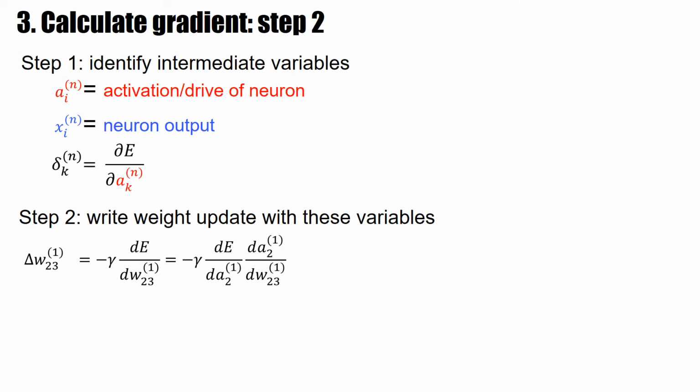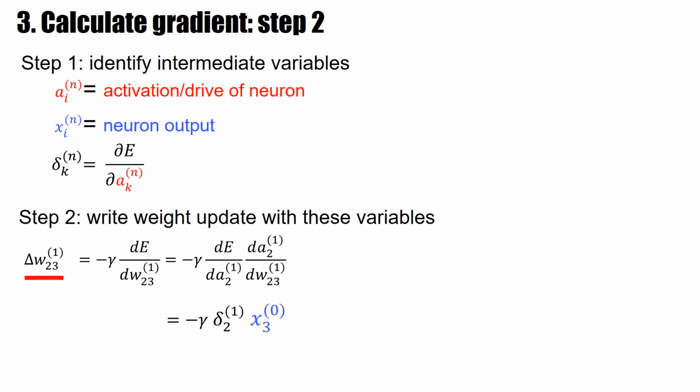So we are interested in the change of a weight in layer 1, the weight from the third input neuron to the second neuron in layer 1, and this is just a gradient. And now we use the chain rule and say, okay, this weight is coupled with the activation variables of the same layer, and so this is just a chain rule.